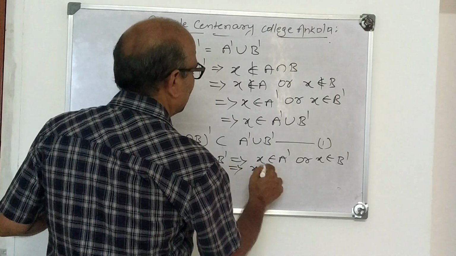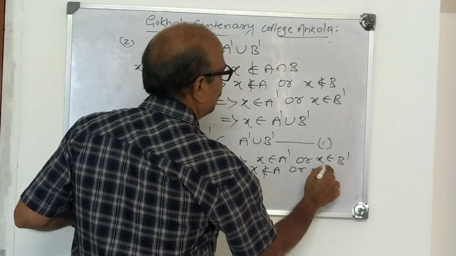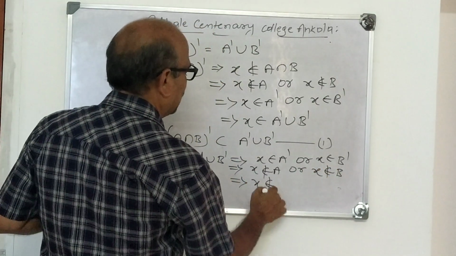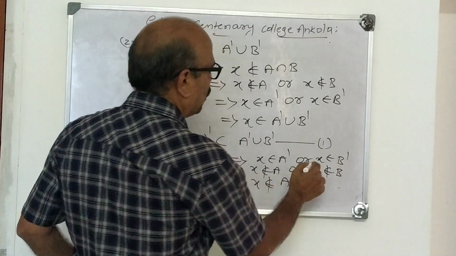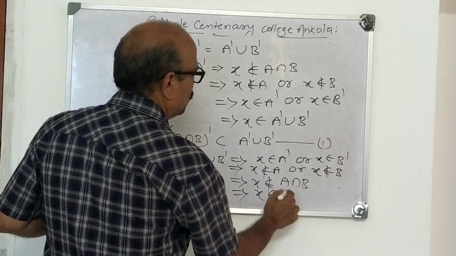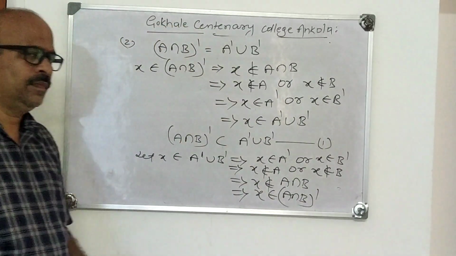This implies x doesn't belong to A or x doesn't belong to B. This implies x doesn't belong to A intersection B. This implies x belongs to A intersection B complement.